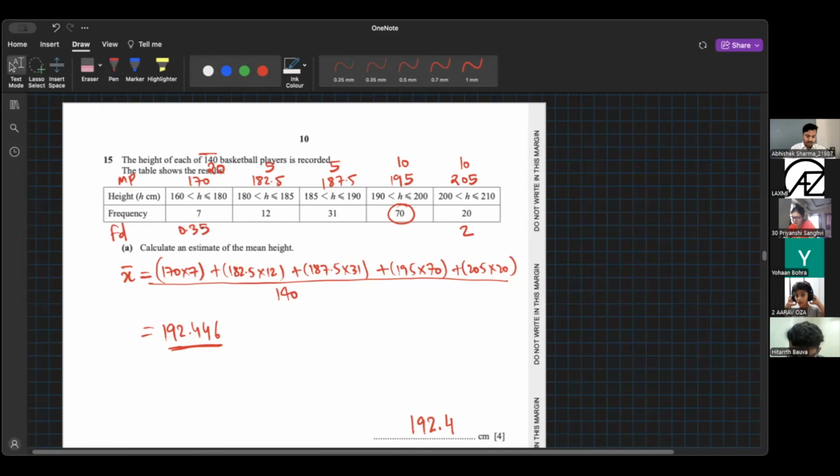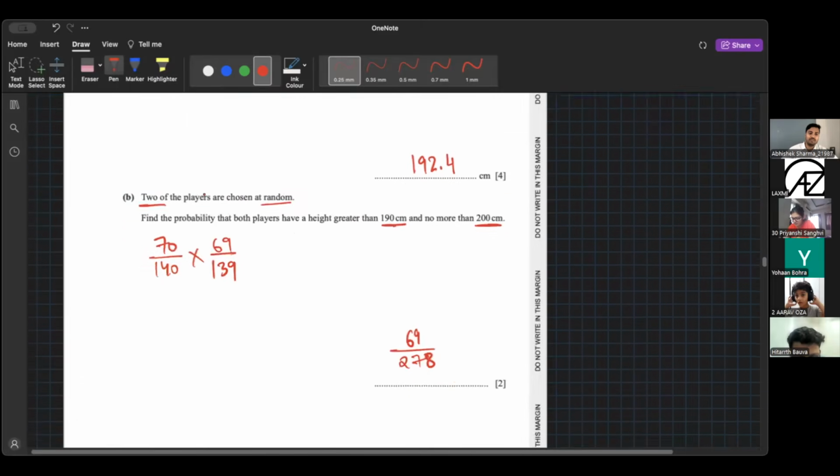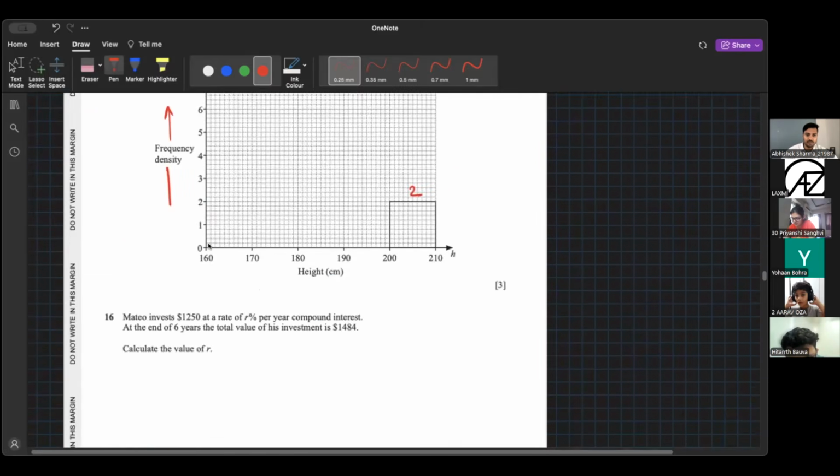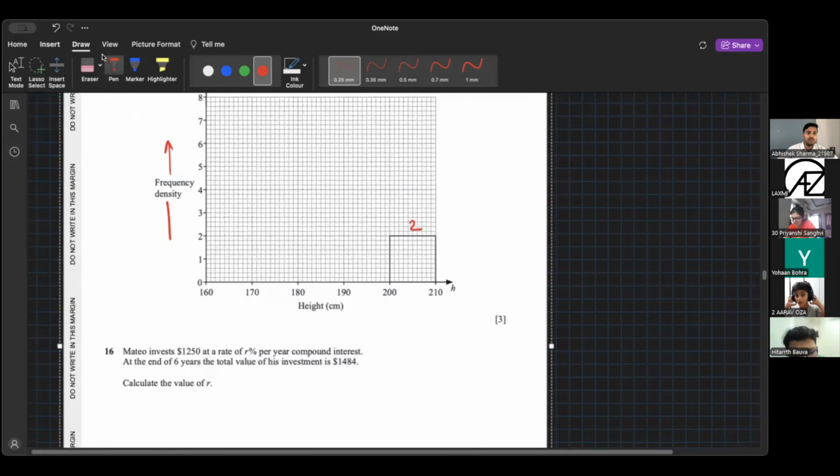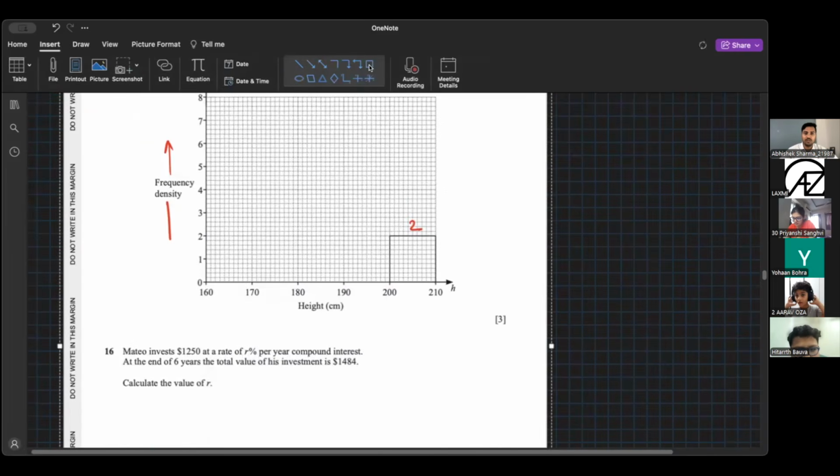Second, 12 divided by 5 is 2.4. Third, 31 divided by 5, that is 6.2. And the last one, 70 divided by 10, that is 7. So the first, 160 to 180, is 0.35.